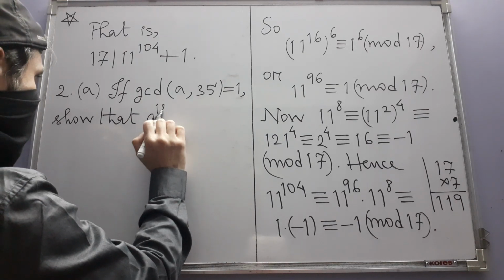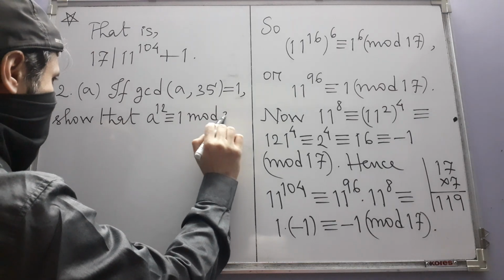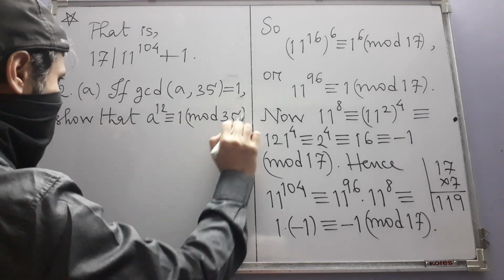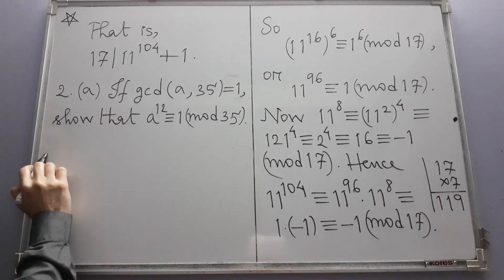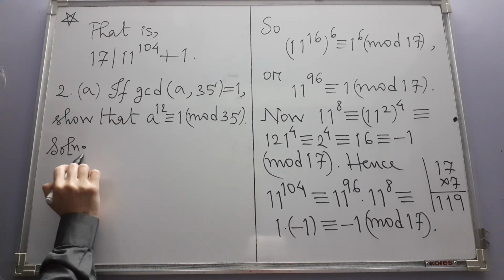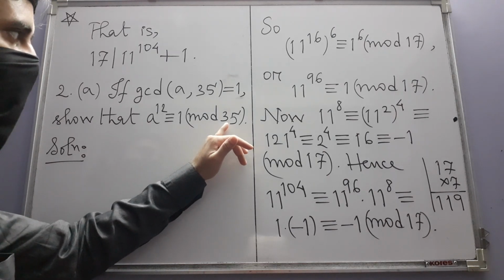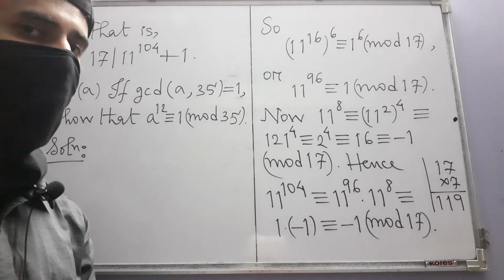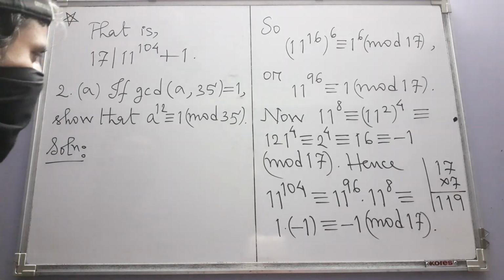a to the power 12 is congruent to 1 modulo 35. Here also we will have to use Fermat's theorem, but we cannot do it to 35 itself because it is not prime. It is, however, 5 times 7 which are primes.